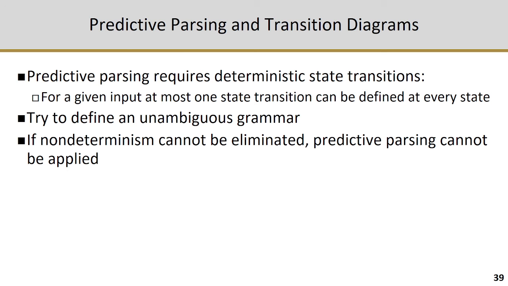So if this kind of state diagram is visibly not deterministic, so we have multiple arcs with the same symbol to different states, then predictive parsing cannot be applied. And sometimes we can eliminate this non-determinism. However, if it cannot be eliminated, we cannot generate a predictive parser for the grammar.